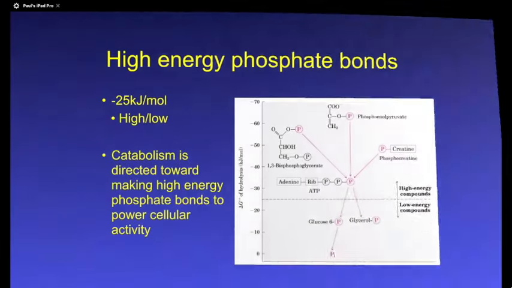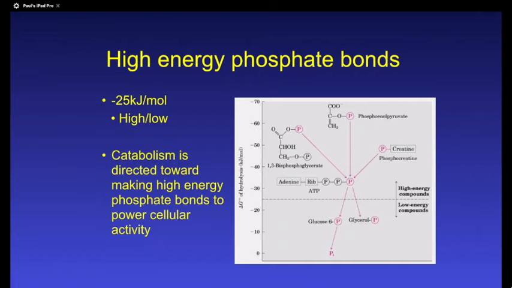Okay? Now, a lot of times we talk about phosphate bonds, and they use, instead of actually drawing out the phosphate, a little circle with P. And what it really is, there are some high energy compounds and low energy compounds. Essentially what they're doing is making ATP the standard, and anything really kind of above that is a high energy bond, very limited number.